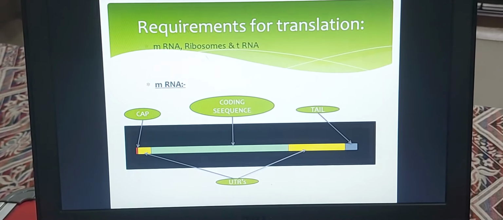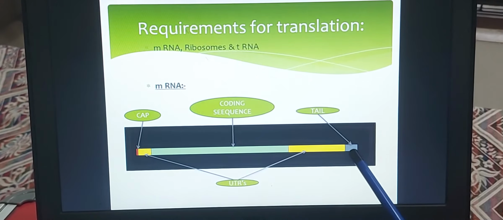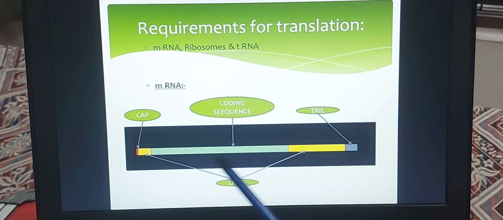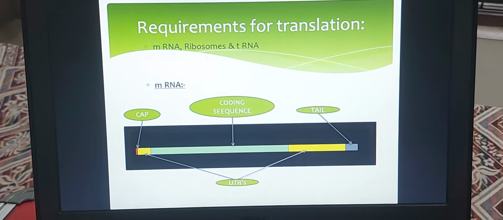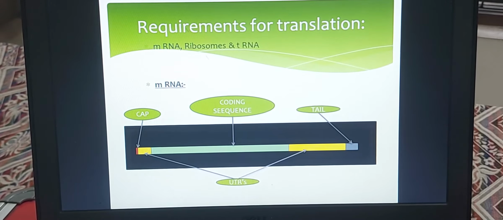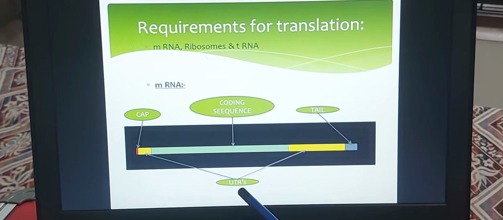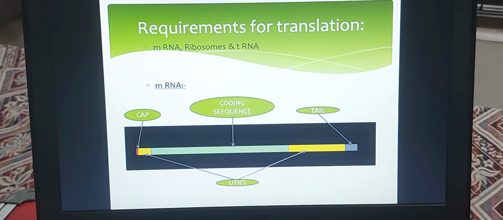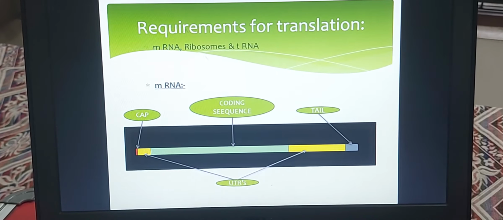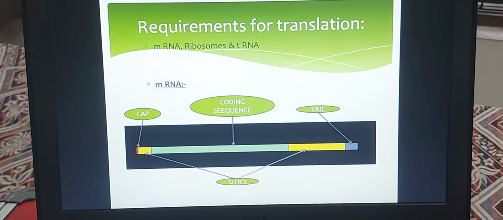Then it has a methylated guanine cap at the 5' end. There is a polyadenylated tail at the 3' end, and these two yellow colored segments shown here are called the UTRs. Very important question, what are UTRs? UTRs are the untranslated regions which do not translate. It means these two segments of messenger RNA do not code for any amino acid. So this is the structure of messenger RNA.